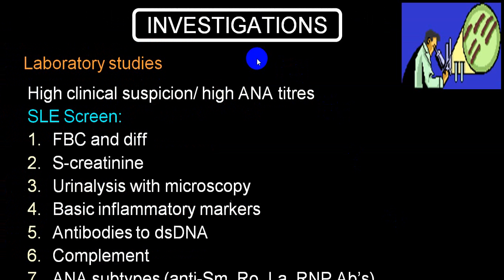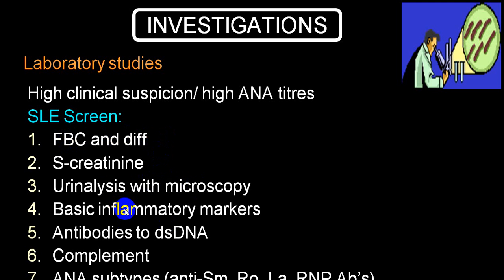So, in investigations, we require CBC, serum creatinine, urine analysis to find out involvement of kidney like lupus nephritis, where you will have proteinuria, hematuria, casts will be present, creatinine will be elevated. As far as CBC is concerned, anemia, leukopenia, lymphocytopenia, thrombocytopenia will be seen.